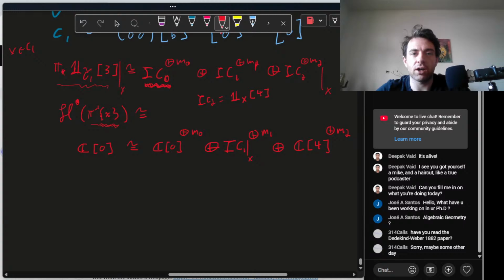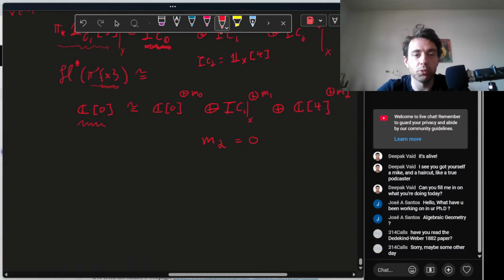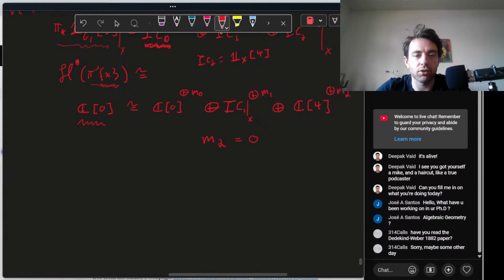But this equation has to hold, right? As graded vector spaces, there's no degree 4 piece over here. So we can conclude from this that M2 is equal to 0. And we have two possibilities. Because we see a degree 0 piece here, M0 is at most 1. It couldn't possibly be 2, because then we'd have too many copies of a vector space in degree 0.